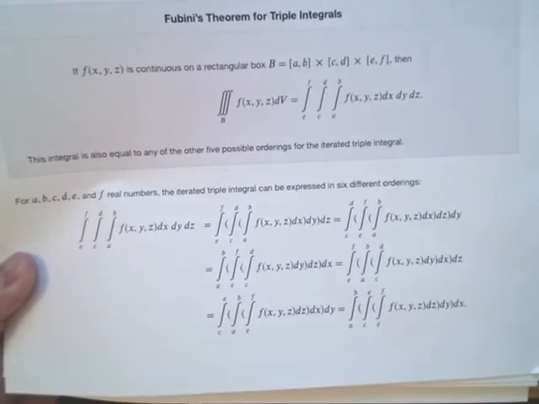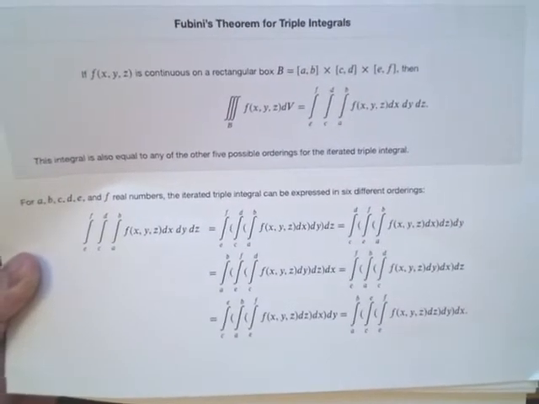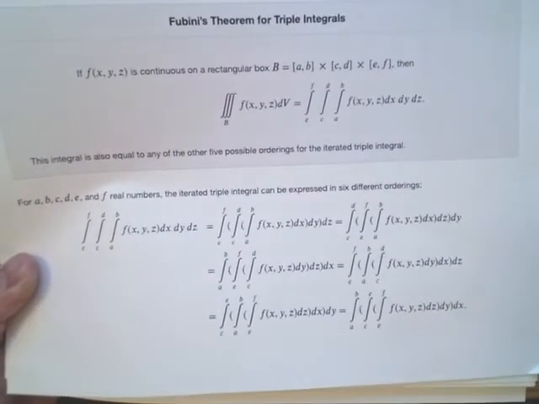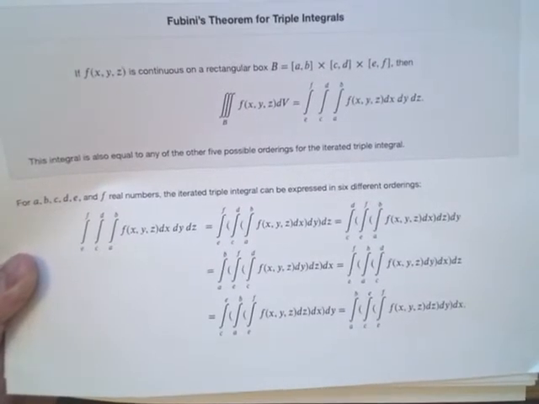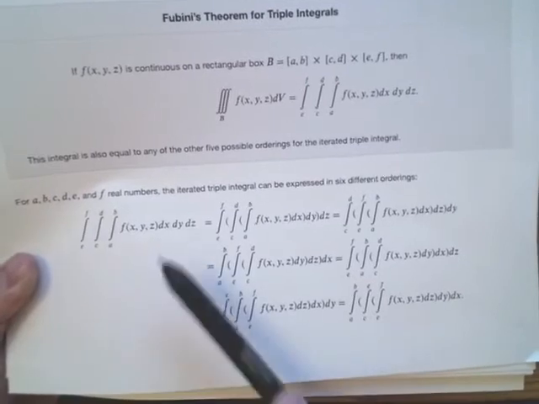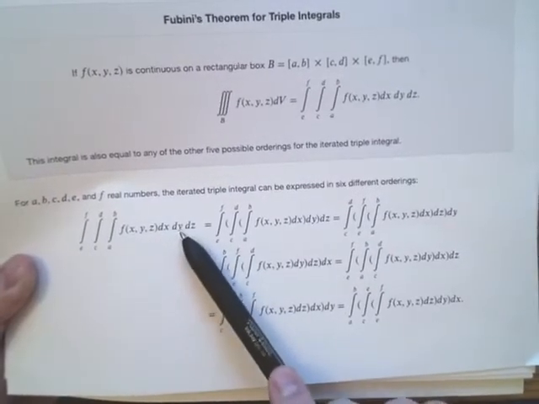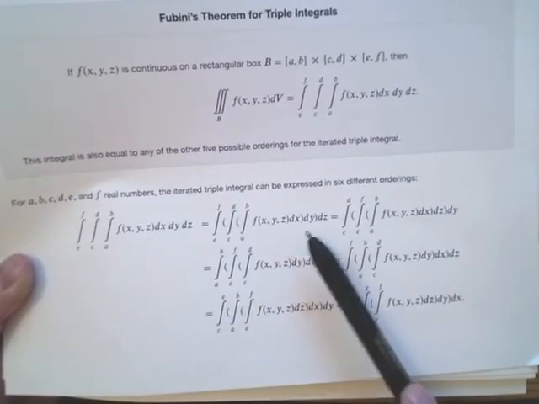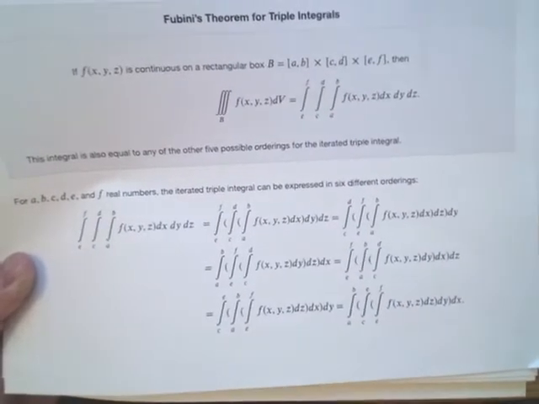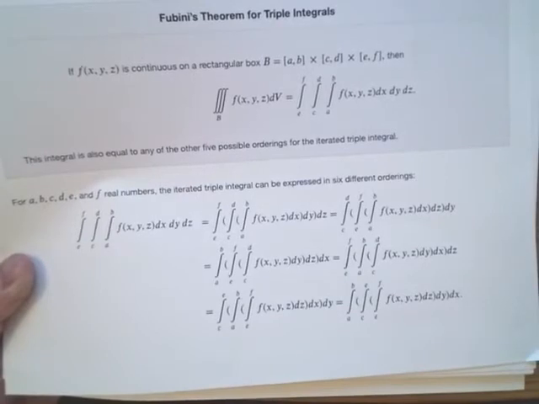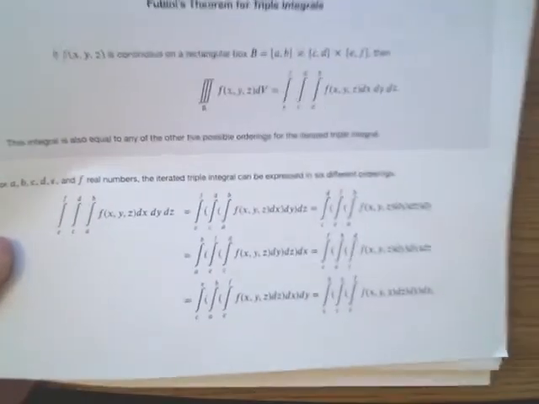How many different ways could I integrate in theory? I could do it 3 times 2 times 1, 3 factorial is 6 different ways. So you could integrate with respect to x first, then y, then z, or x first, then z, then y, and so forth, all the way down. You've got 6 different orderings.